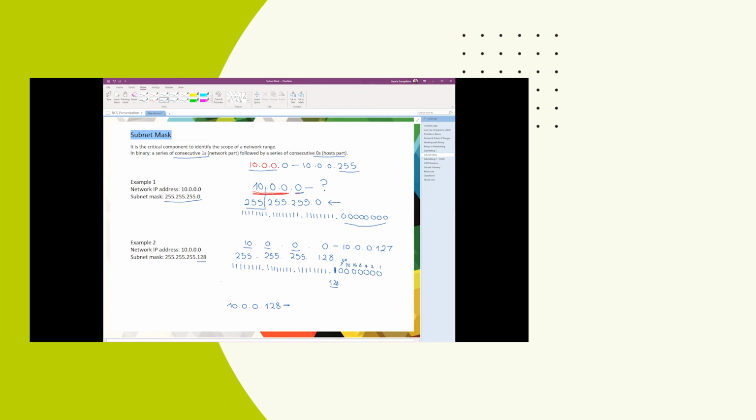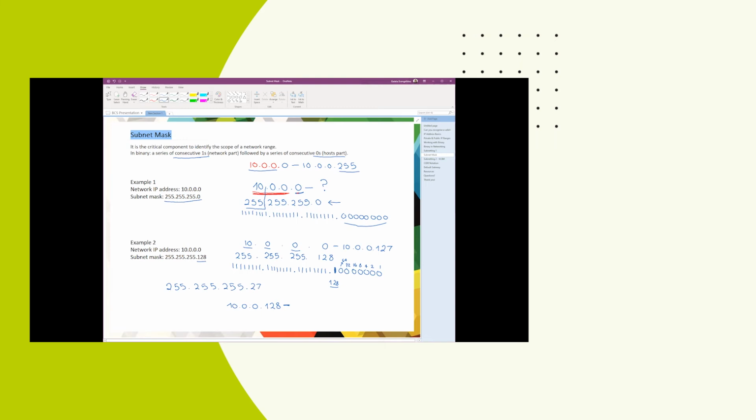Let me give you an example of what is not a valid subnet mask. Let's say 255.255.255.27.